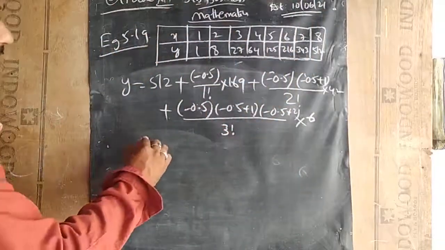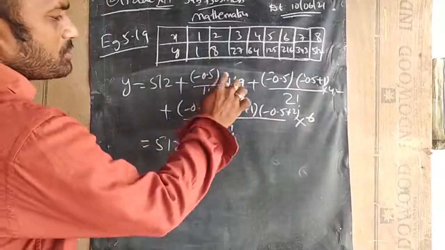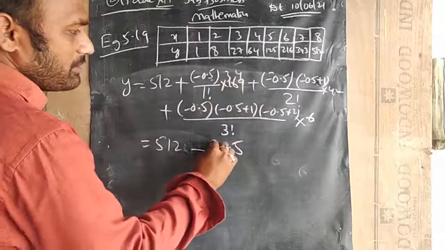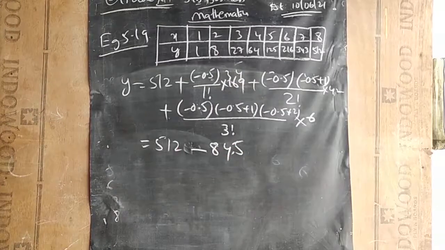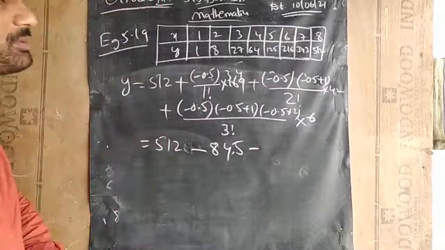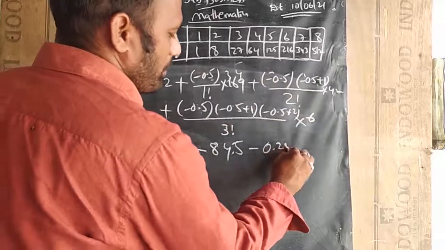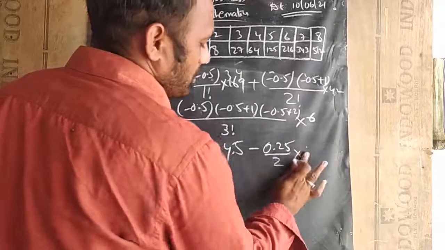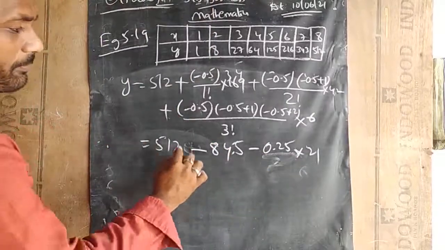So if we solve this, it will be 512. So plus into minus is minus. So 169 into 0.5 is 84.5. So it is 84.5 by 1 factorial is 1 only, minus 0.5 into plus 0.5, 5 5s are 25, minus 0.25 by 2 into 42, that is 21, into 21, minus.